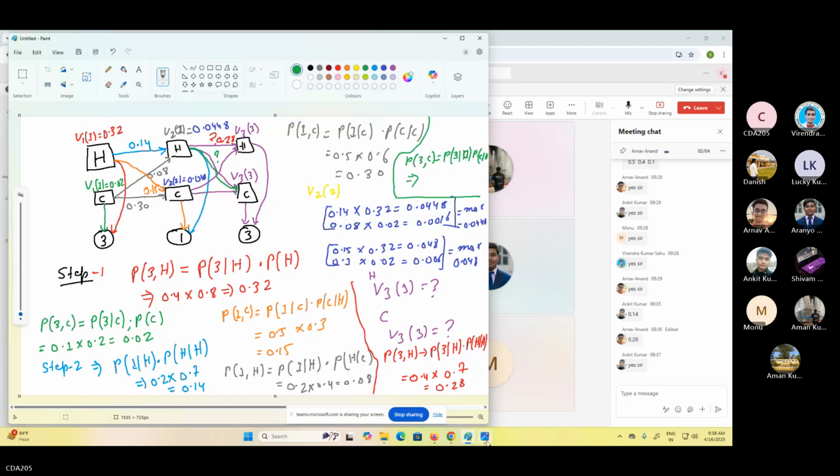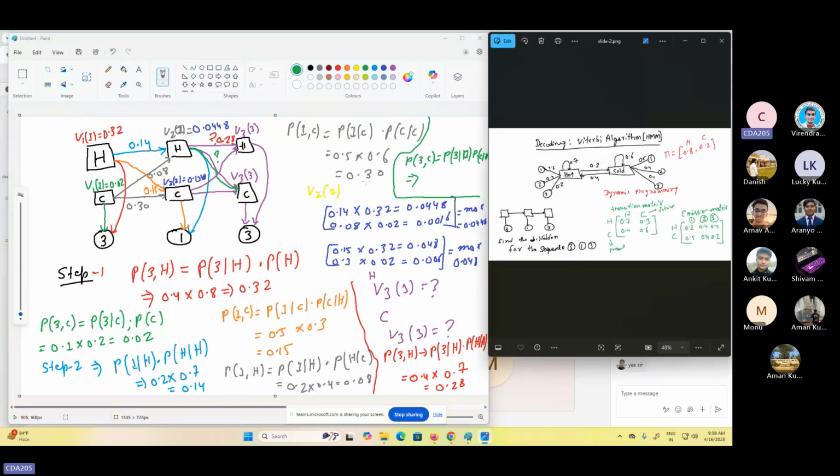C to 3 we have 0.1, into H to C. H to C it is 0.3. So it is 0.03. So this value has come 0.03. Yeah, good.